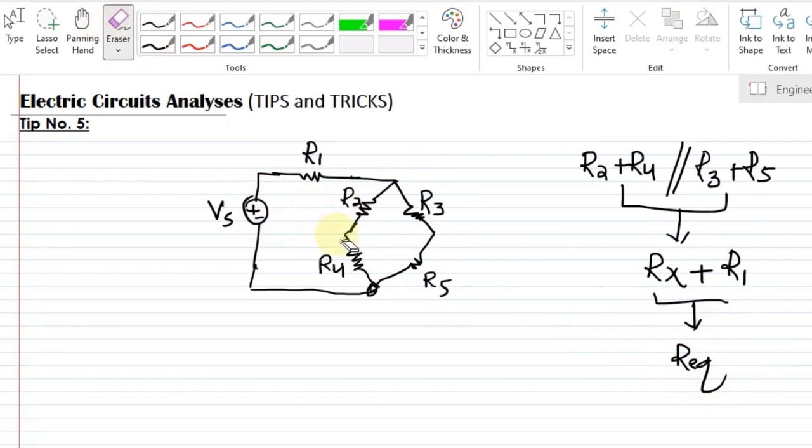But let me have a circuit like this one, where I have shorted these two terminals. So what will be the equivalent resistance here?